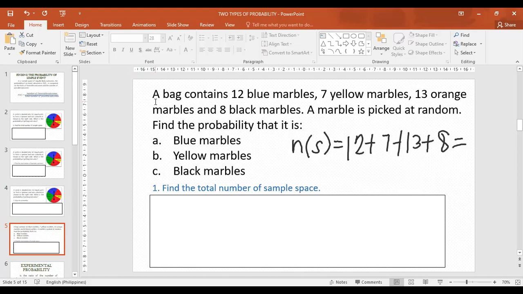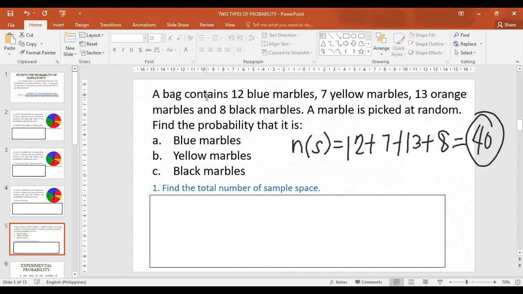Okay. 12 plus 7, 19, plus 13, plus 8. We have 40 marbles total. So, meron tayong 40 marbles sa loob ng bag. So, this is the number of possible outcomes. Okay, meron na tayong possible outcomes, which is yung 40.